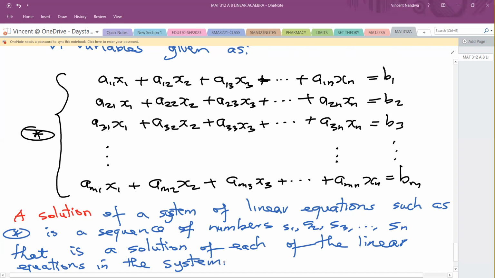And we have already defined previously what a solution to a linear equation is. Which means that when you replace x1 by s1, x2 by s2, x3 by s3, up to xn by sn, in each of all these m equations, then the equations are satisfied.